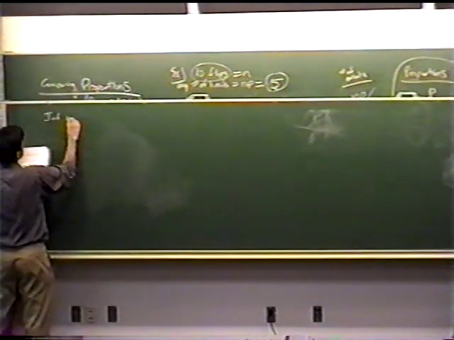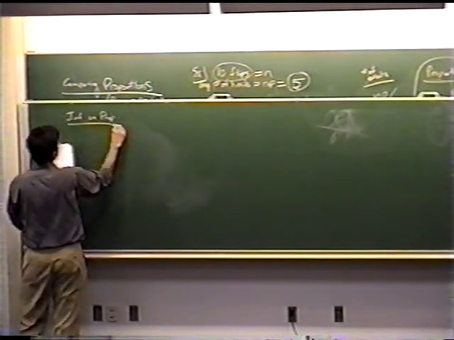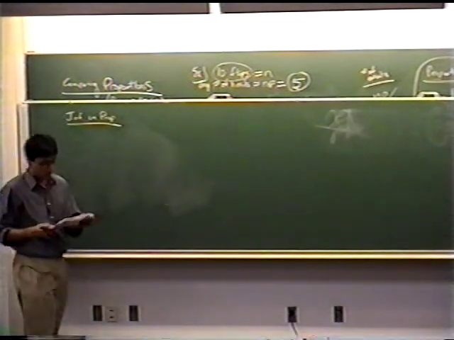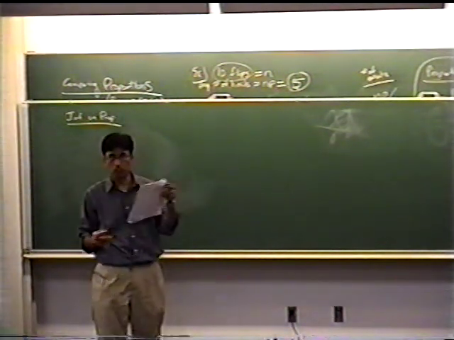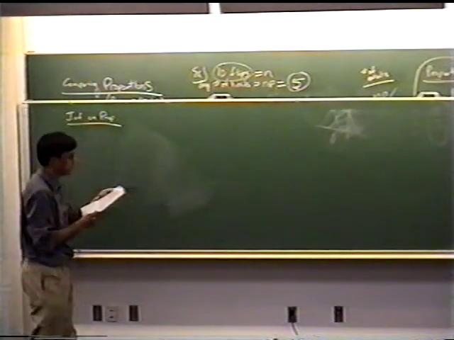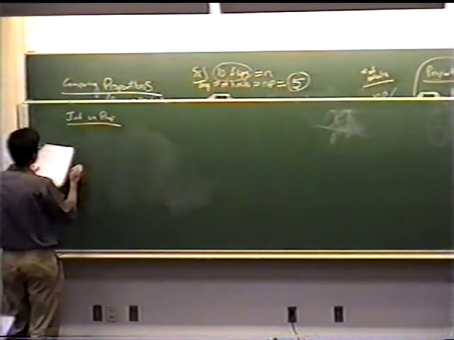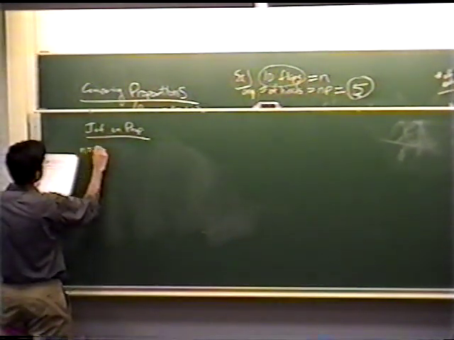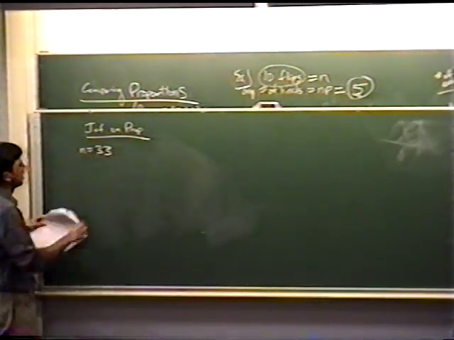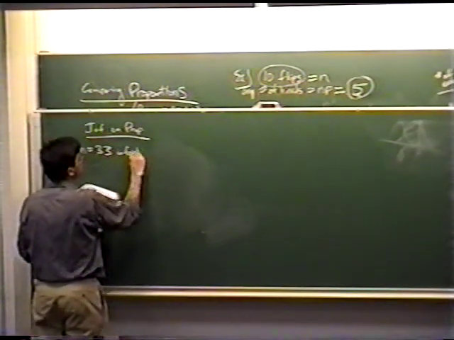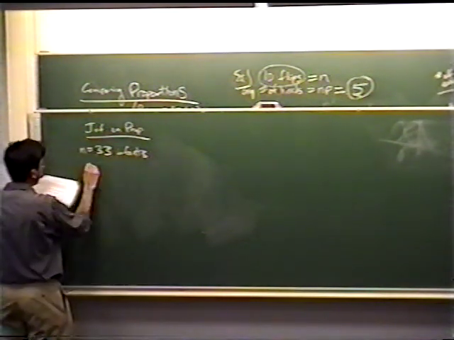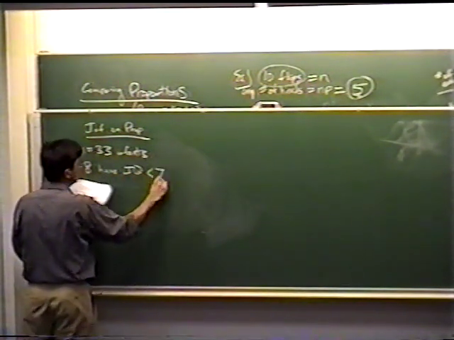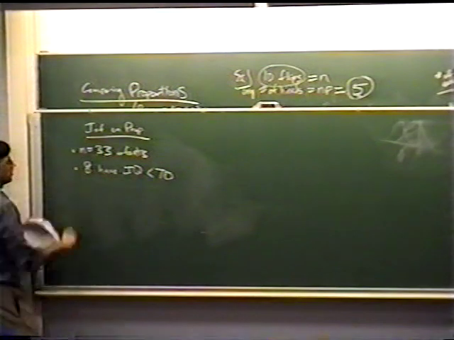So we're doing inference on proportions. We're interested in studying the relationship between perinatal growth failure and cognitive ability. We do this study, and of 33 infants with perinatal growth failure, 8 have IQs less than 70.